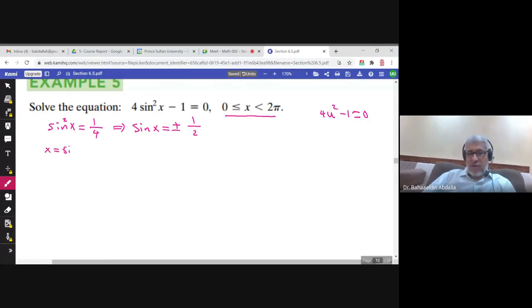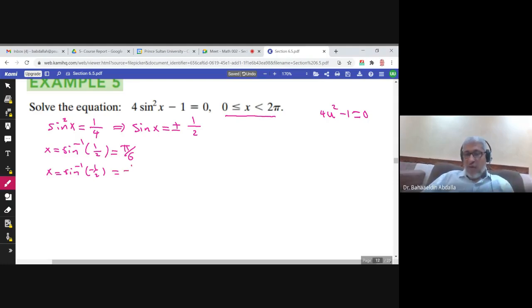If you use the calculator to find sine inverse of half or negative half, okay, let us solve it for the first one. For half, the answer is pi over 6. If you ask for negative half, the answer is negative pi over 6.